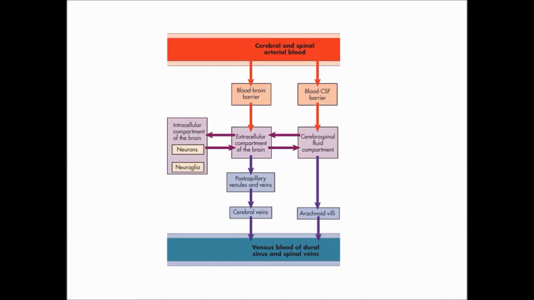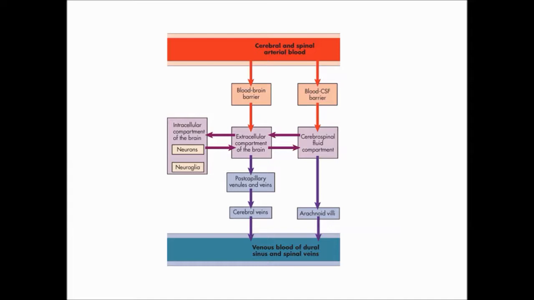There are blood vessels going through the central nervous system. And so this is the production by the ependymal cells of the cerebrospinal fluid, and then absorption by the arachnoid villi into the venous system. So this is what we just talked about, the cerebrospinal fluid circulation.